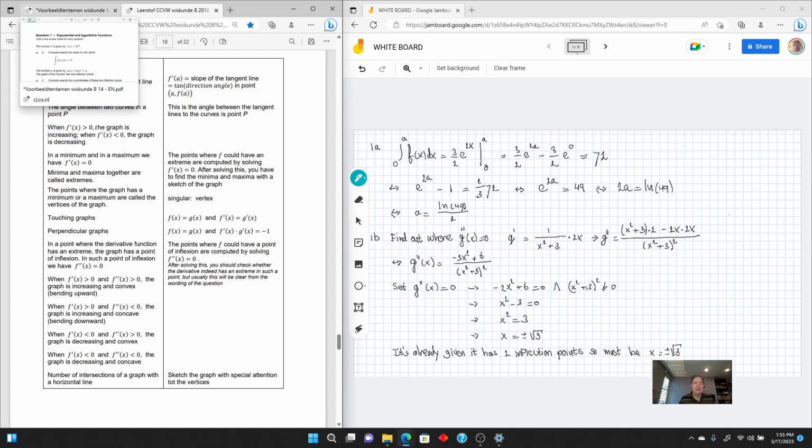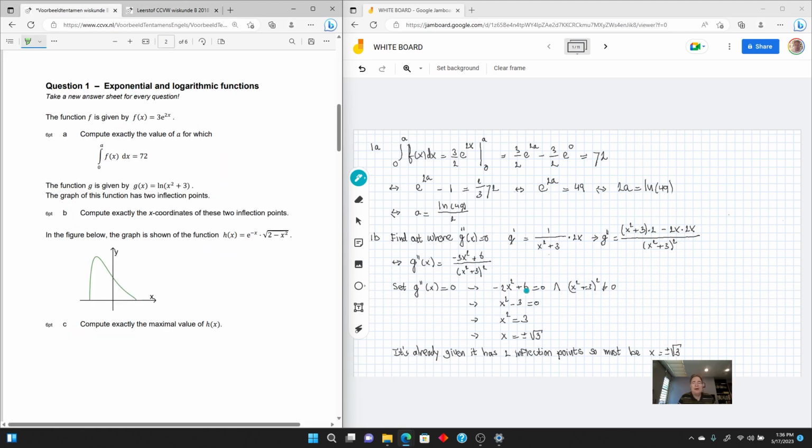And inflection point means that the double derivative has to be 0. It's somewhere in the syllabus as well. And if this happens at points where the second derivative of the function is 0, then there could be an inflection point.